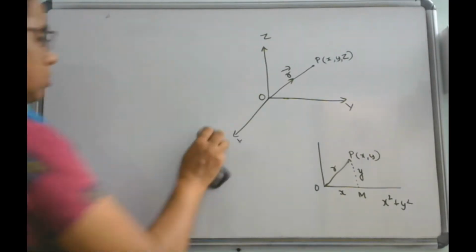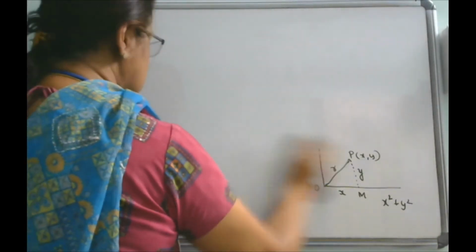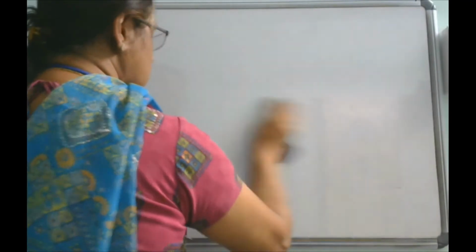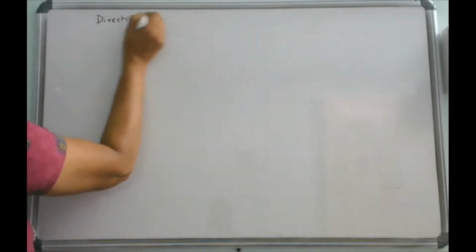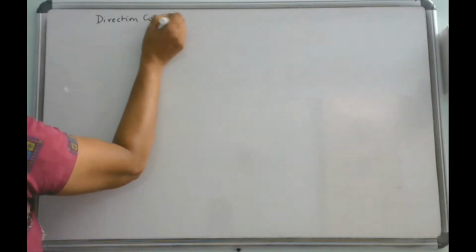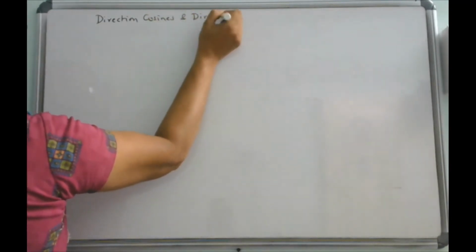Now we go on with the major concept which we have to learn, which is also required in three-dimensional geometry, that is explaining the direction cosines and direction ratios.